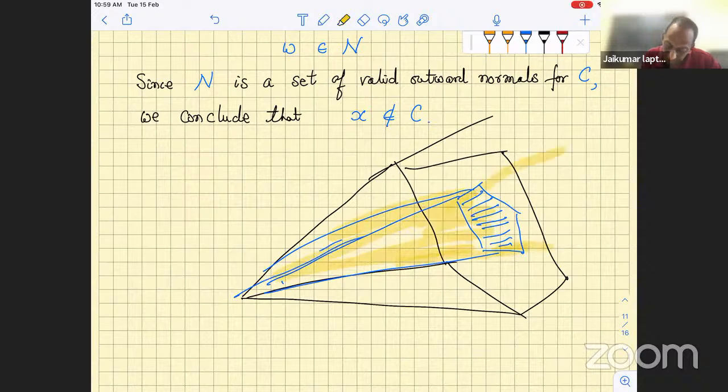But could it be that the outer cone includes points, that the original cone C has some points which are not in this? That is what we are worried about.